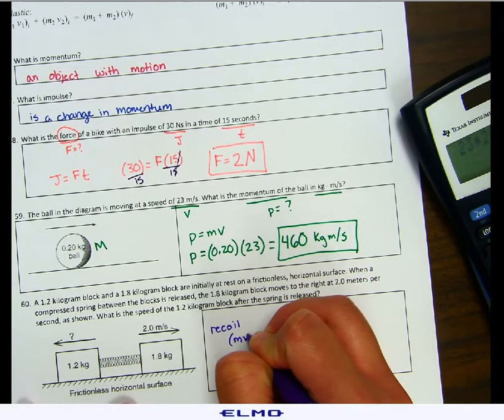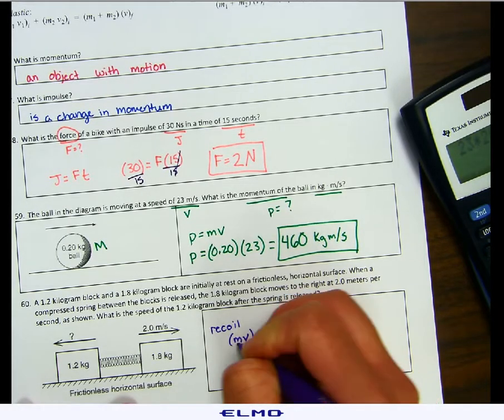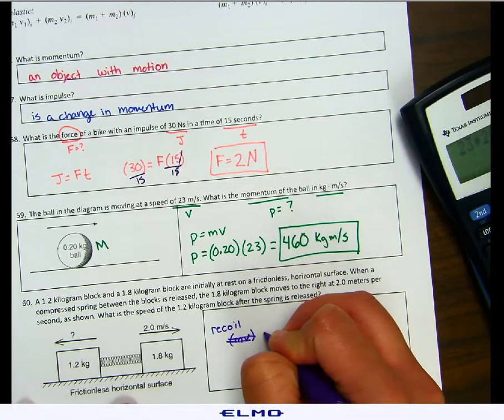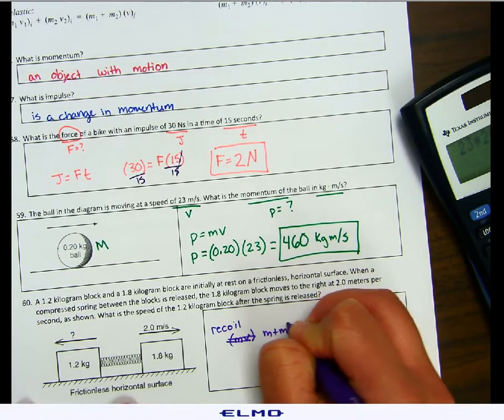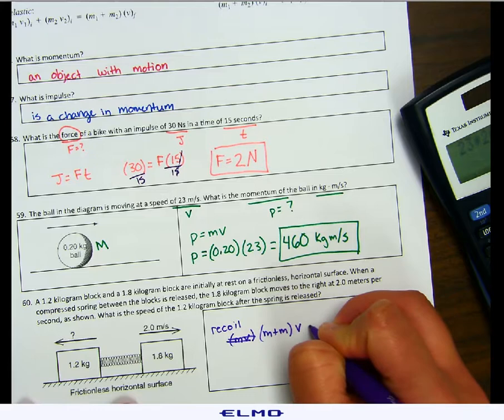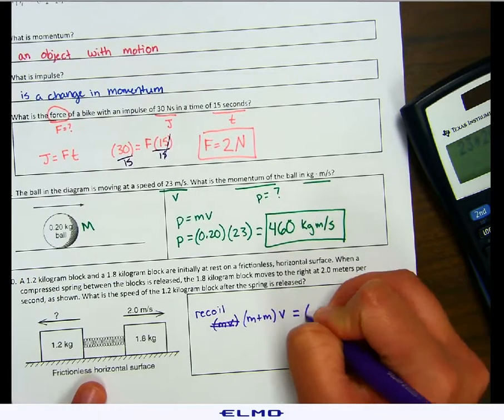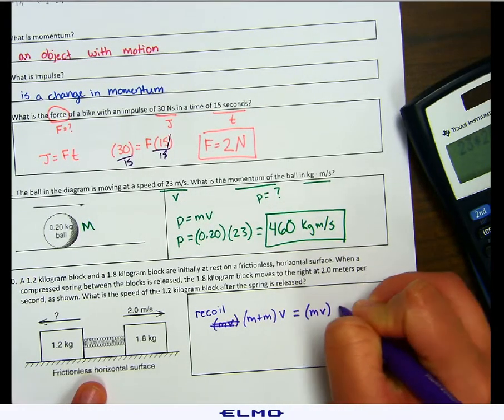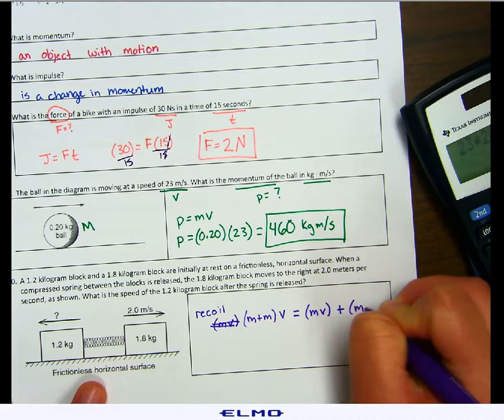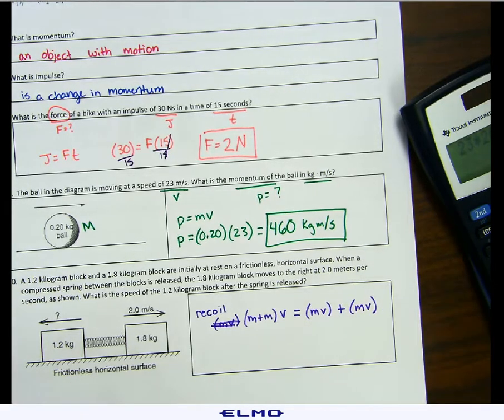Oh, I'm sorry, that's not recoil. Mass plus mass times the initial velocity is equal to the mass times velocity of the first object plus the mass times velocity of the second object. So I'm going to use some highlighters so I know which one is my first object and which one is my second object.